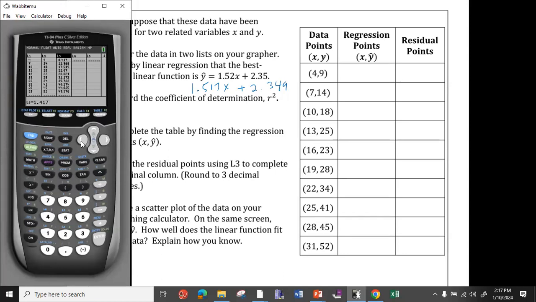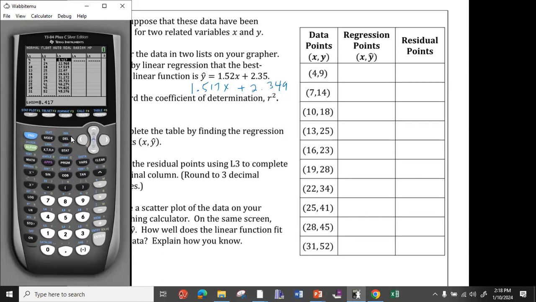You don't put X. You're gonna put L1 for X. To get L1, you press second one, plus 2.349. So I'm telling the calculator to plug all these values in for me and give me their output. Then we click enter and it does the math for us for all the points we need.